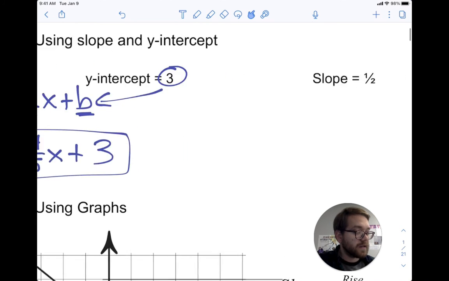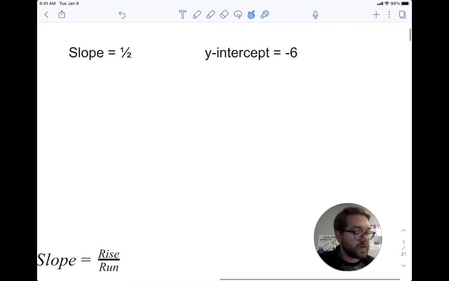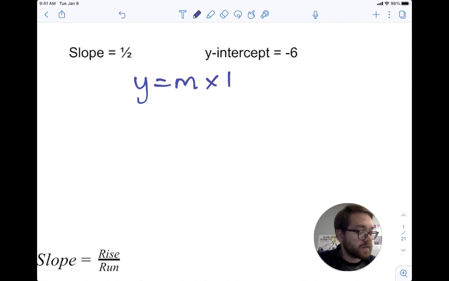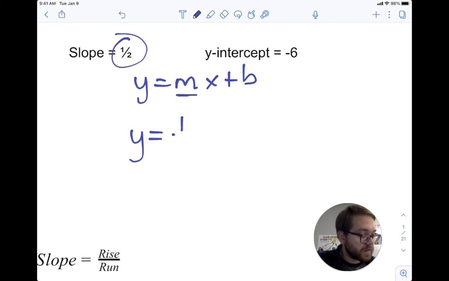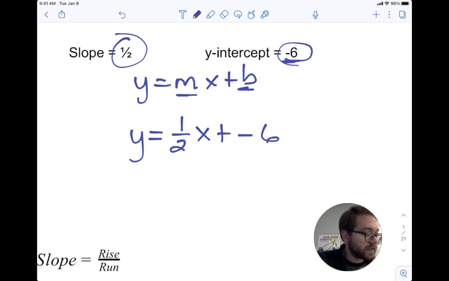Let's look at this other example here. Slope equals 1/2 and y-intercept is equal to -6. So again, I'm plugging in to y equals mx plus b. The y will stay the same, the equals will stay the same. My m is 1/2, that's my slope, so 1/2 x plus, and then my b is -6, so that's plus (-6).